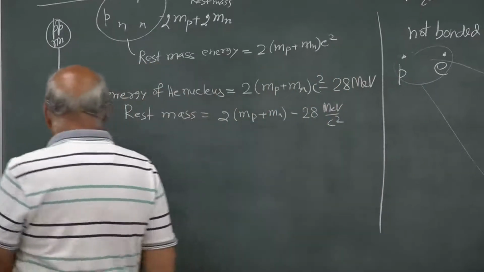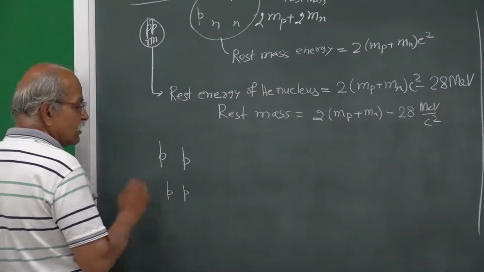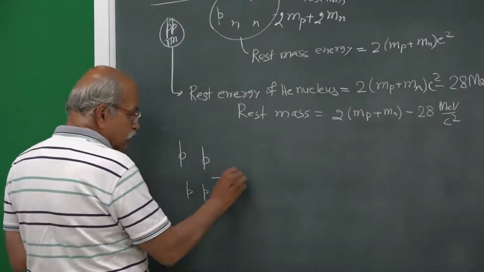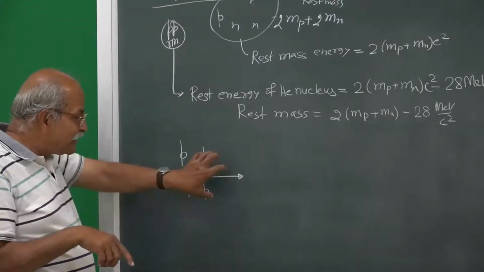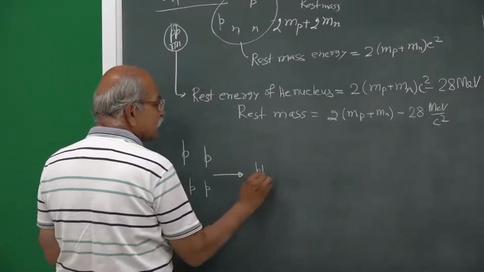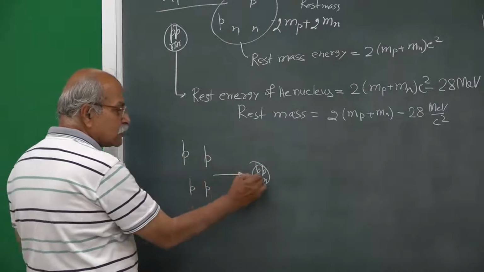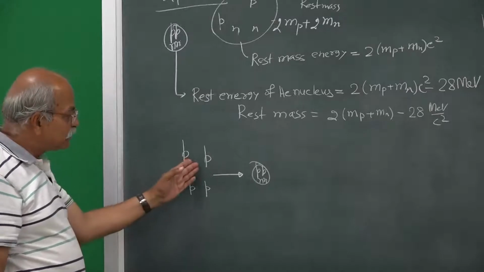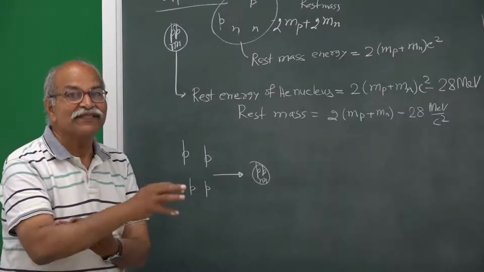If you have 4 protons separated from each other, and then 2 of them are converted into neutrons, and then they all combine to make a helium nucleus, this kind of nucleus ppnn. Of course, from protons you have to make neutrons also, and proton and neutron have slightly different rest masses.